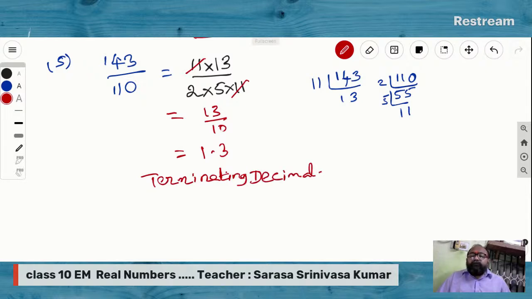Students must remember that we want to get 10 power n in the denominator. So this is how we have found the decimal expansion form for the given rational number in the form of p by q.